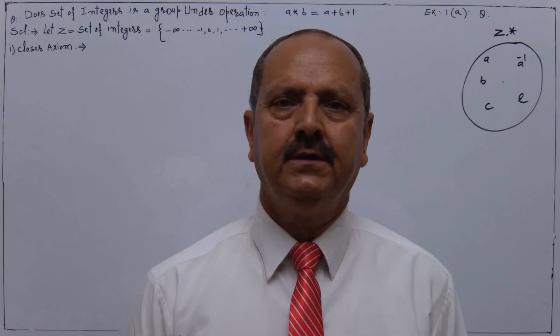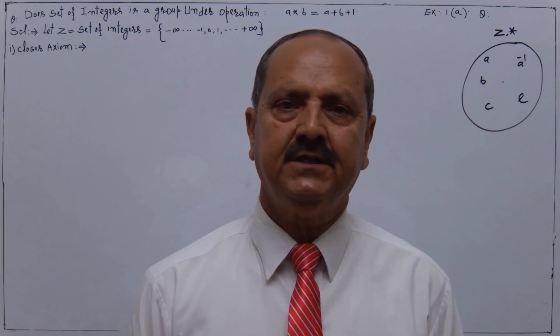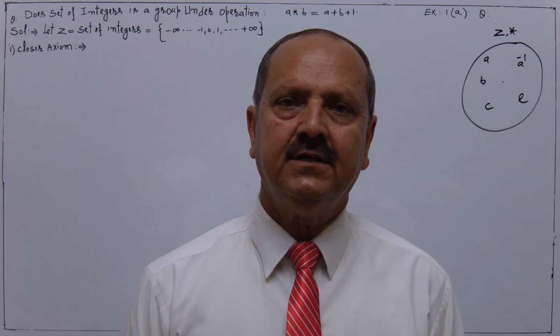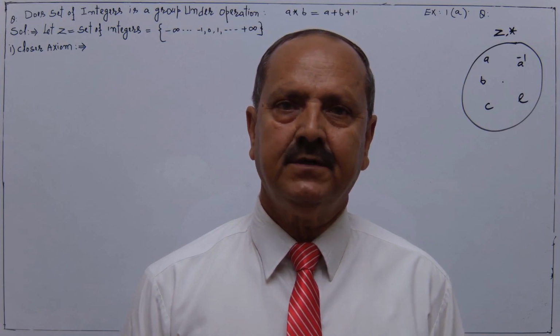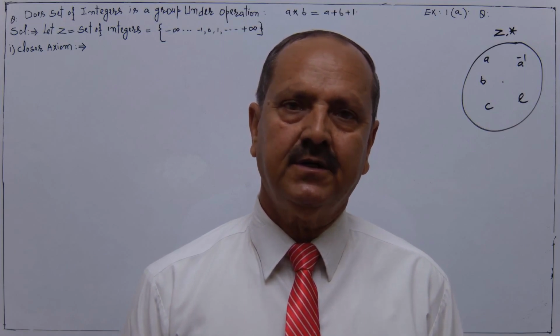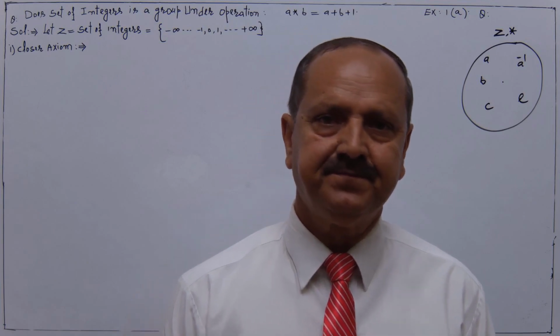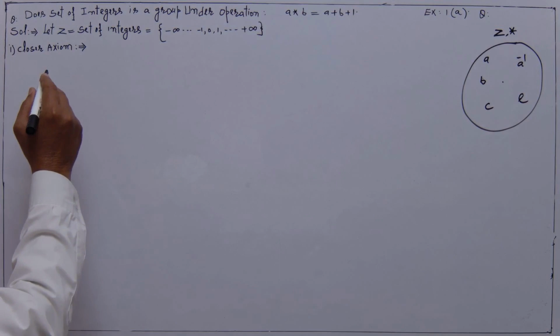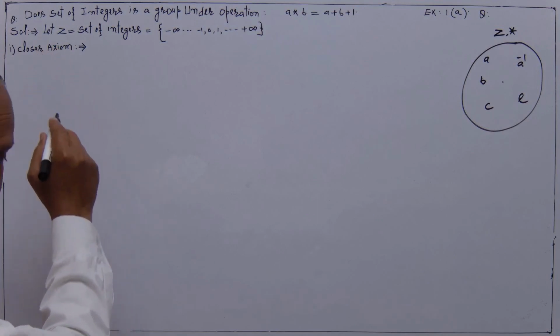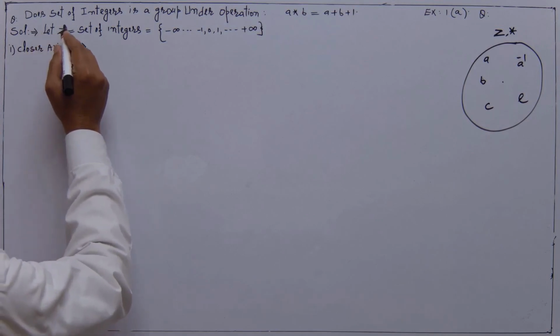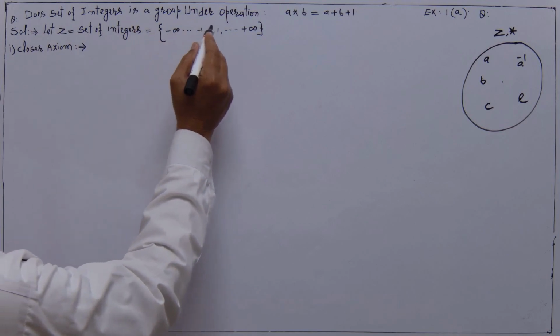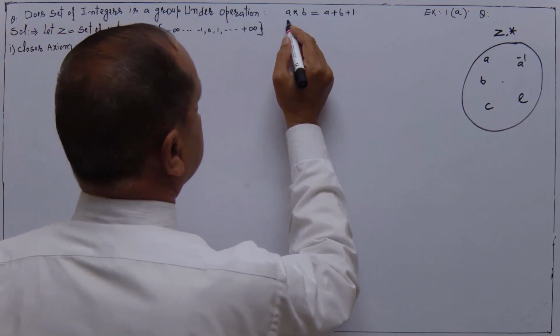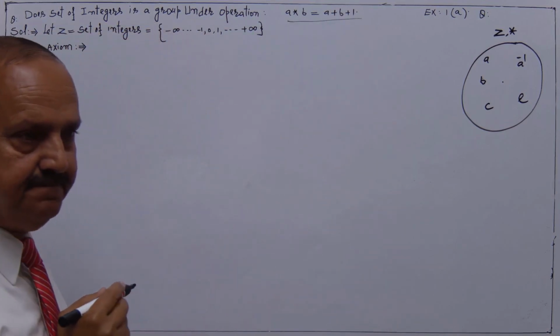Hello everyone. Today we shall study how to check a given set of numbers to be a group under a condition. In this question, does the set of integers form a group under the given operation?